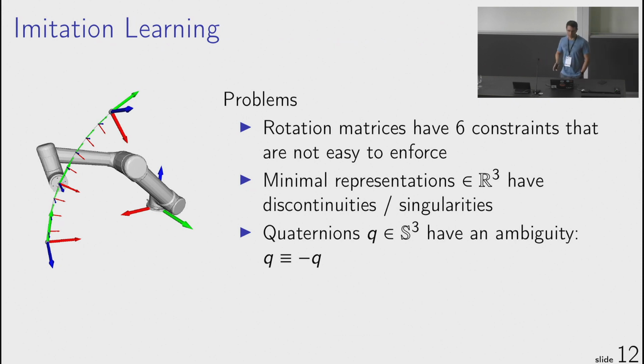Some of the most common problems: the rotation matrix, as I said before, has 6 constraints, so when we want to apply machine learning, it's not easy to enforce those constraints. When you have a minimal representation, you often have discontinuities and singularities, which is also not good for machine learning. And quaternions are elements of the 4-dimensional unit sphere, but they have a double cover. That means the quaternion q is the same as minus q, which is also not so good for machine learning.